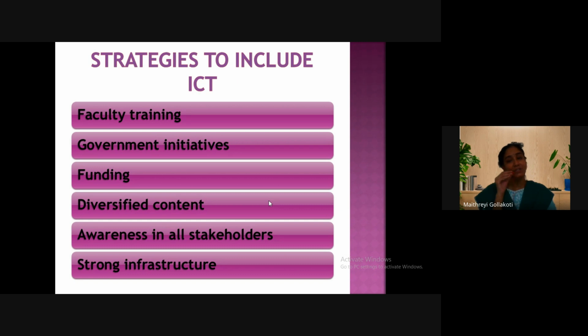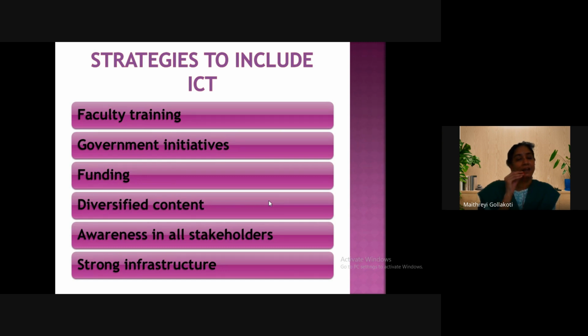Because our country is so large, any number of initiatives will be very less. So I think the government should provide more initiatives, include more subjects, and not just for higher institutions, even for the lower institutions. They already have, but I think there should be more.